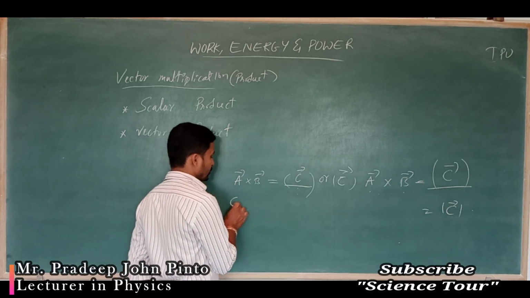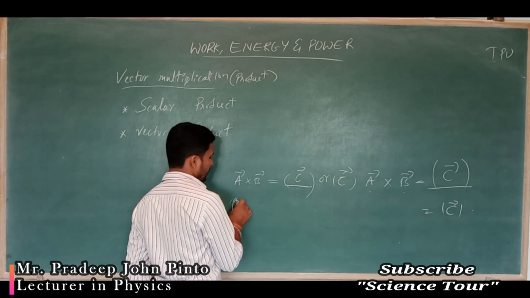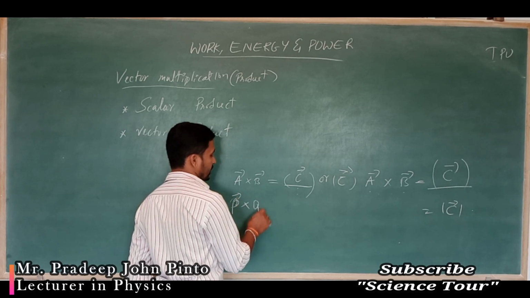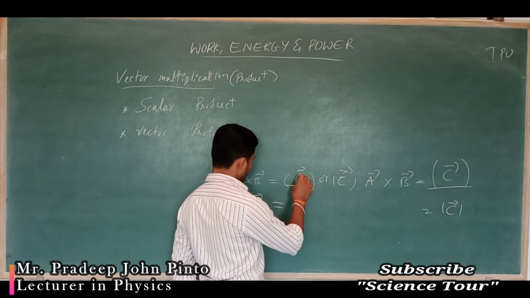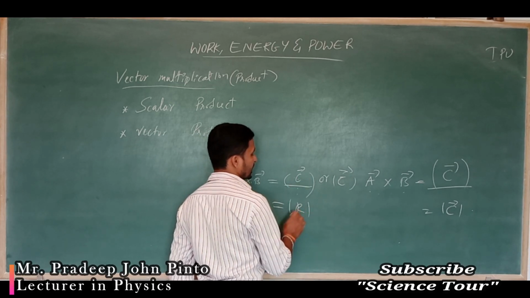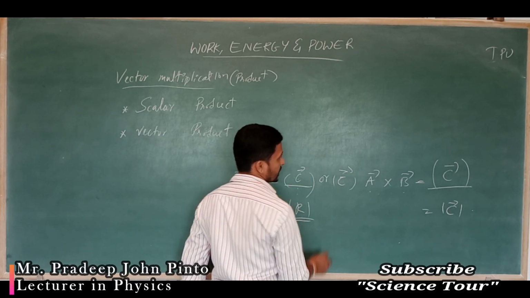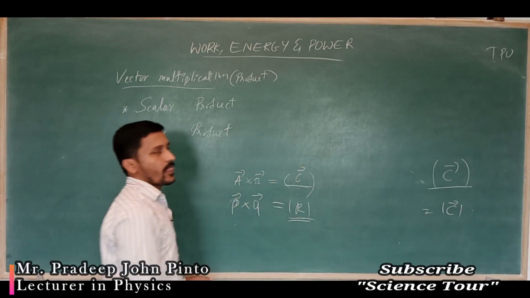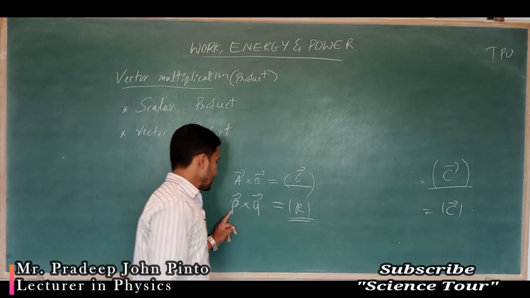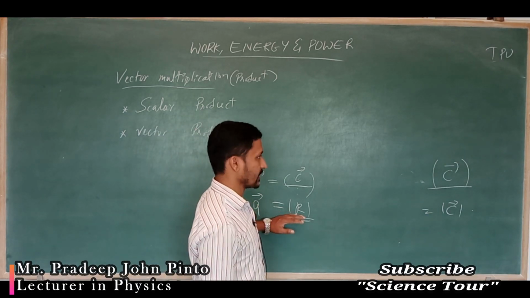Suppose I give you P vector and Q vector. I multiplied both, and this I got as a vector. This I didn't get as a vector, I got it as a scalar. So if P multiplied by Q gives a scalar, I call it a scalar product.